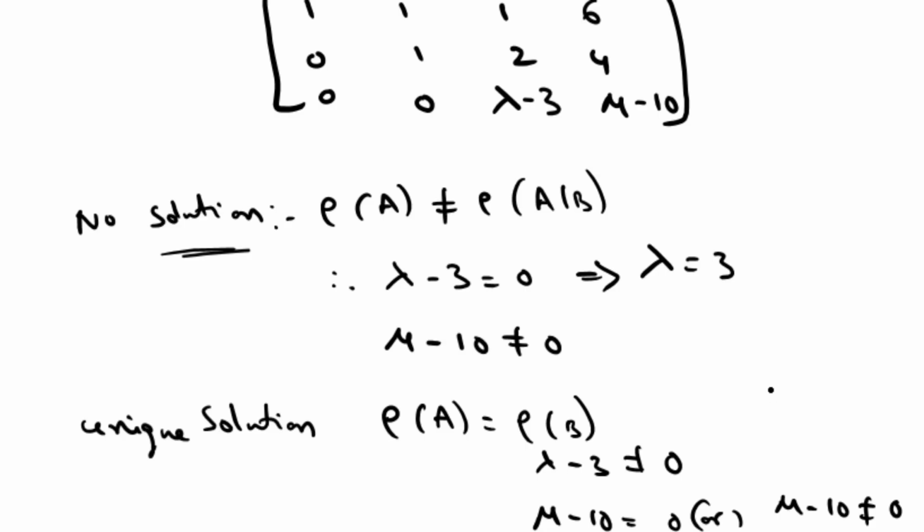For a unique solution, rank of A is equal to rank of B is equal to the number of unknowns, which is 3.